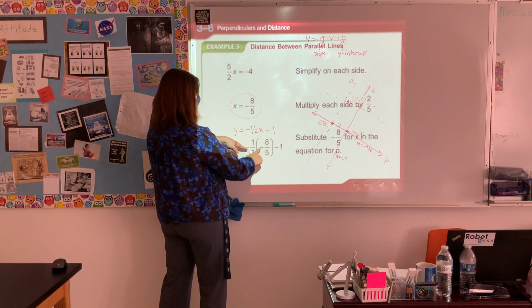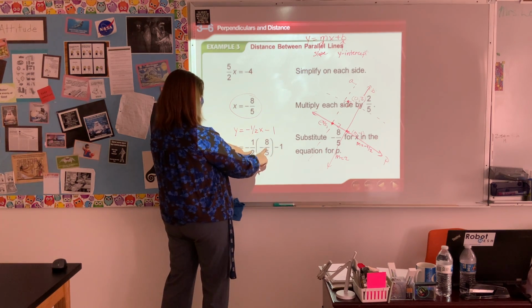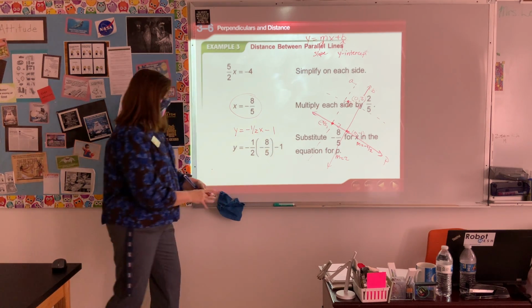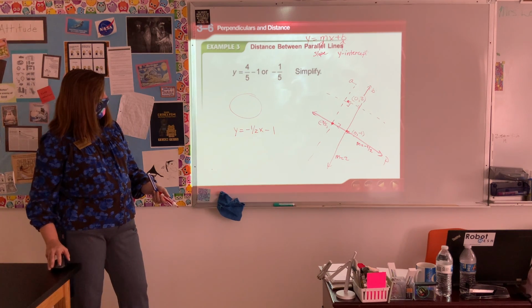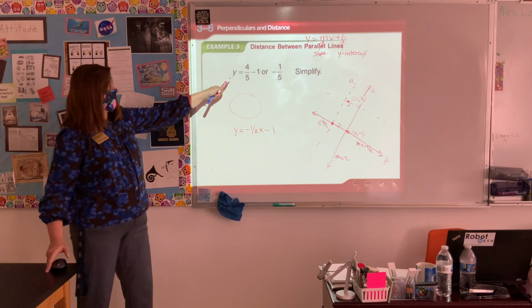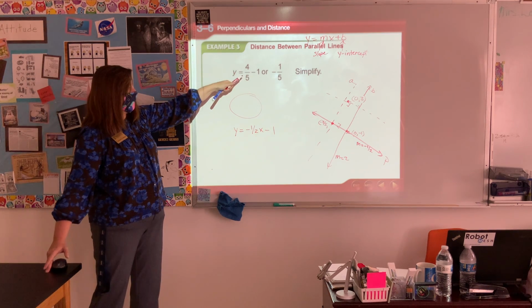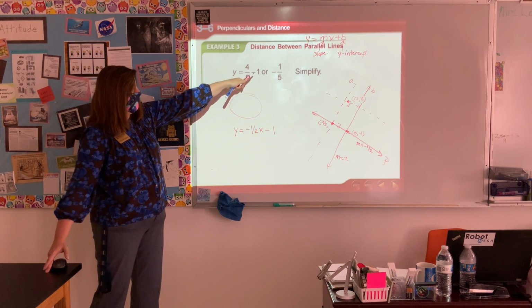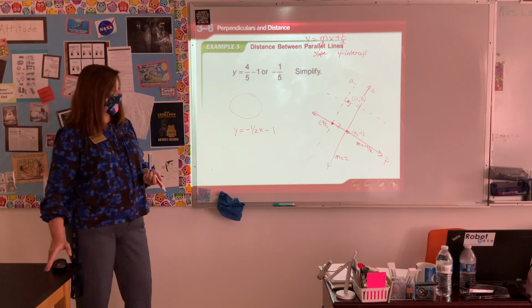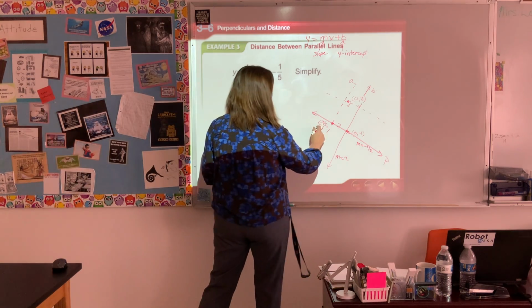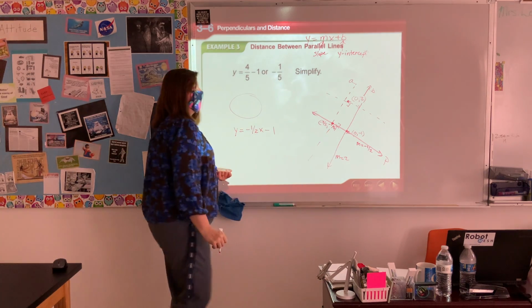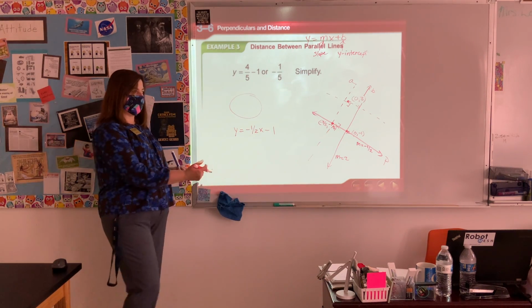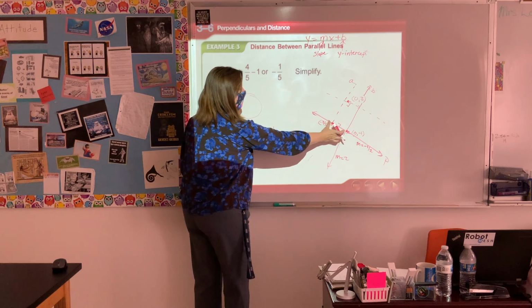Start doing the math. 8 over 10. Actually, I simplify that to 4 over 5. Subtract 1, negative 1/5. So this is negative 8/5, negative 1/5. But we still need to find this distance between those 2 points.